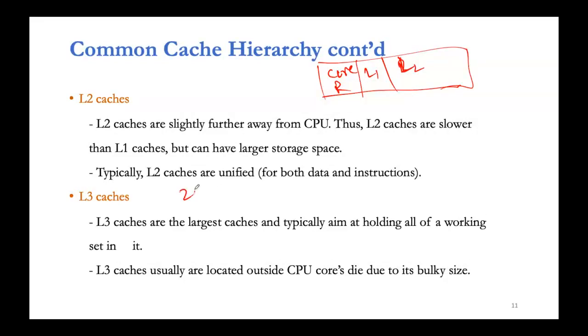Typically, L2 caches are 256 kilobytes in size, unified for both data and instructions. And then comes your L3 cache. These L3 caches are the largest caches and typically aim at holding all of your working set in it.